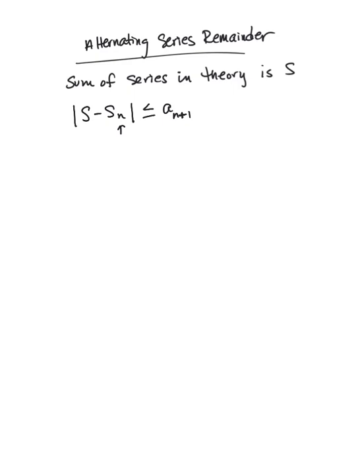In other words, if you had S minus S4, the fourth partial sum, the error in that sum would be less than or equal to the fifth term.